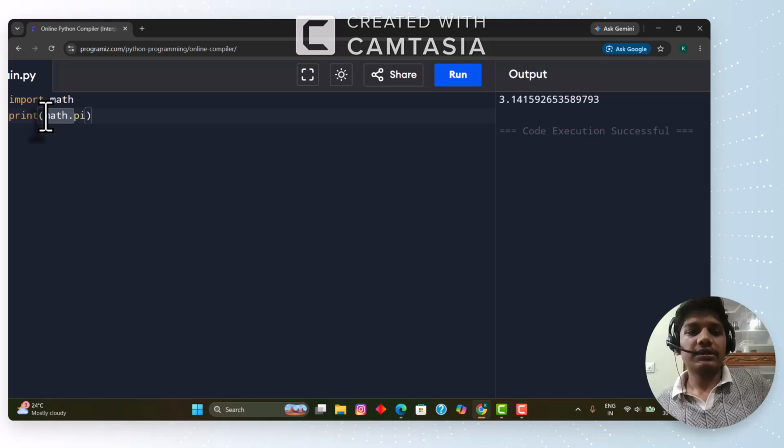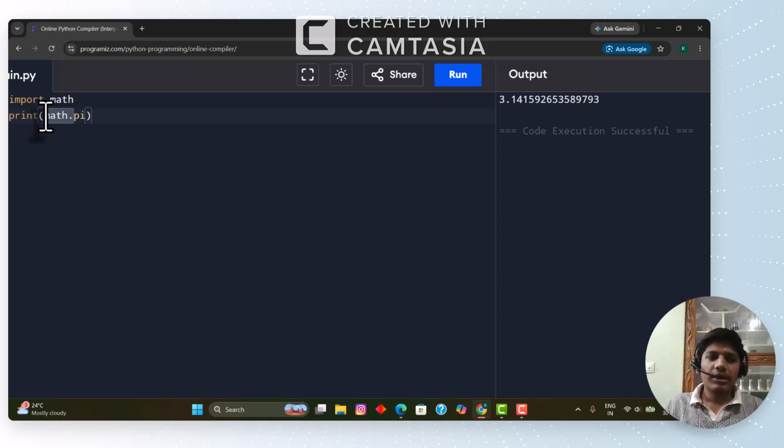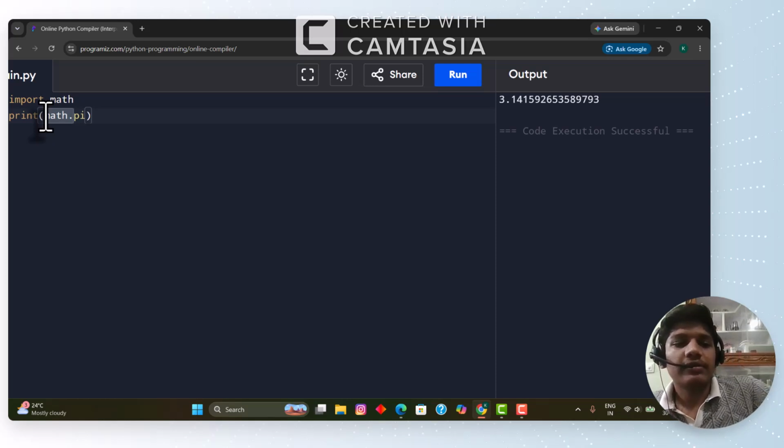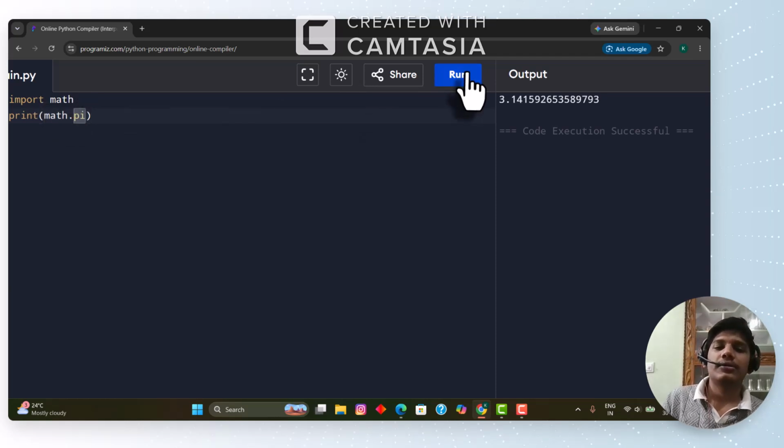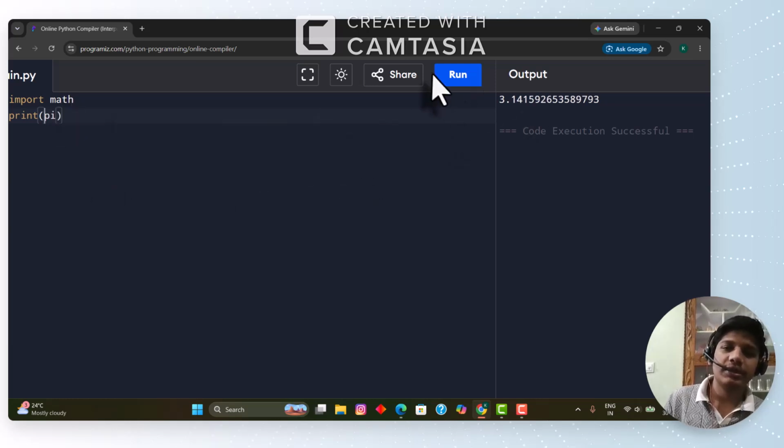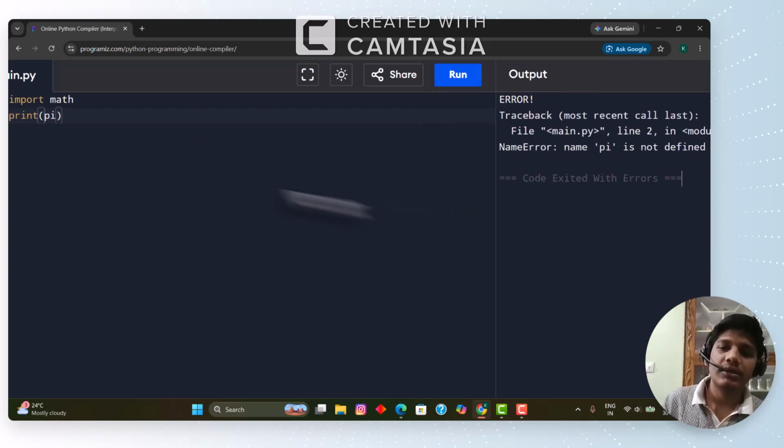Not only functions, when you find the value of pi also, without math it reads pi as a variable, not as a keyword. If you remove this, see pi becomes white, then it is a variable. So you have to assign some value there.